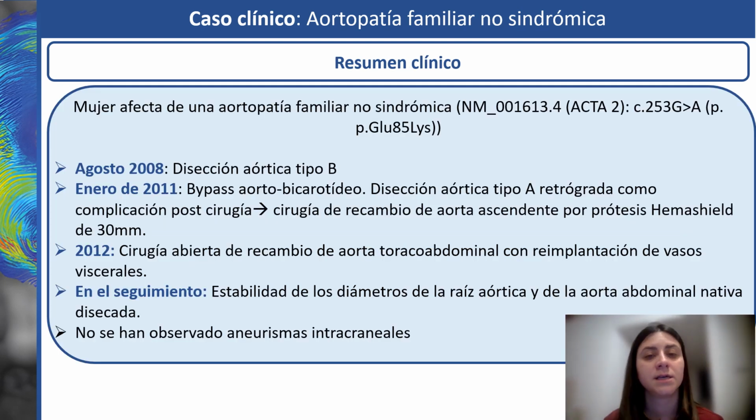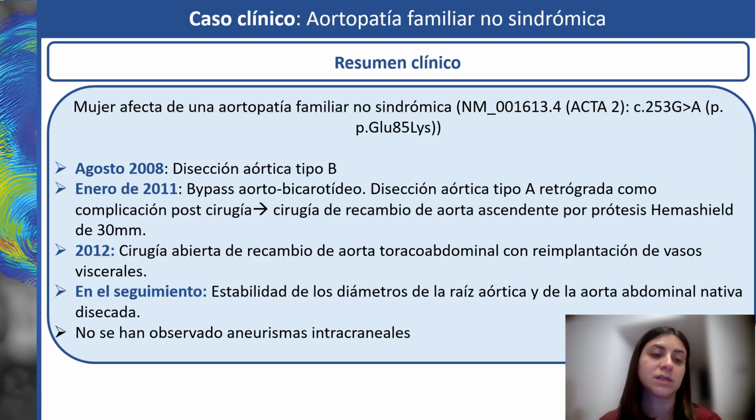In short, this case involves a woman suffering from a familial non-syndromic aortopathy, which has a probable pathogenic variant in the ACTA2 gene, who first showed symptoms in August 2008 as a type B aortic dissection. They performed the first surgery to create an aortobicarotid bypass, but it resulted in a complication of a retrograde type A aortic dissection, which required an emergency surgery to replace the ascending aorta urgently and reattach the bypass to the tube.